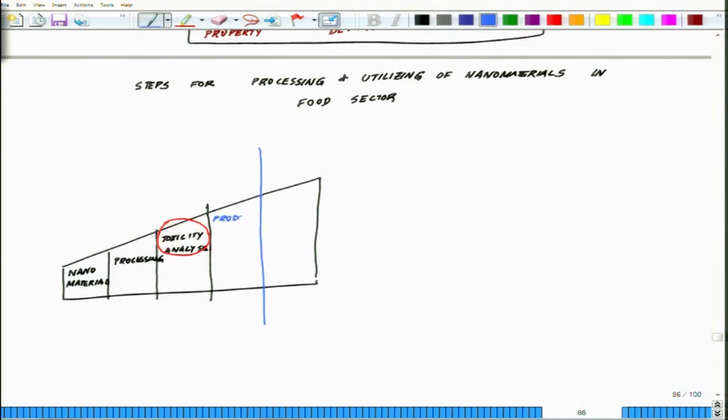Then the product formulation, this is extremely important, how you are going to deliver it. This is a big area of chemical engineering, food chemical engineering, and biochemical engineering. The formulation is the form in which you are going to supply.